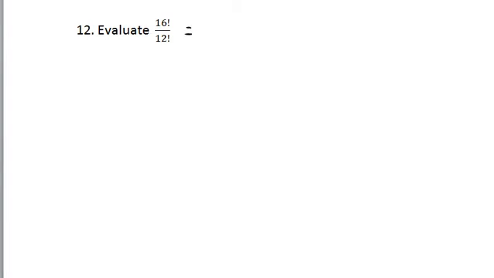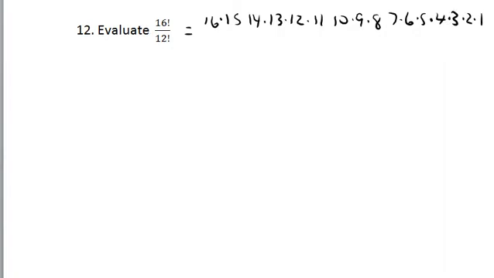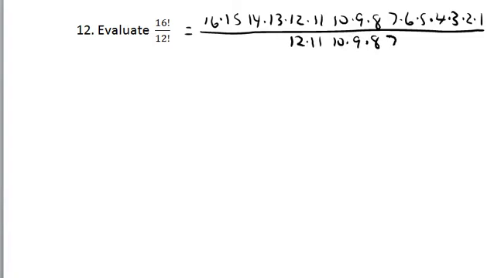By definition, 16 factorial is 16 times 15 times 14 times 13 times 12 times 11 times 10 times 9 times 8, 7, 6, 5, 4, 3, 2, 1. And 12 factorial is 12 times 11 times 10 times 9 times 8 times 7 times 6 times 5 times 4 times 3 times 2 times 1.